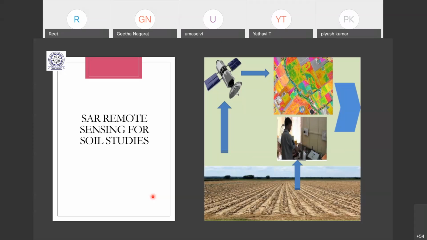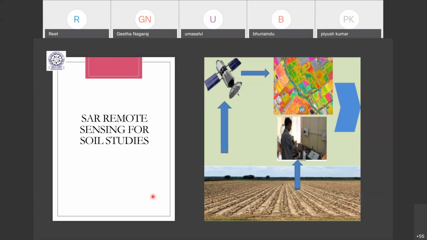Samples from the soil are taken to the laboratories, and they are studied. So we have two major problems with this method. One, the time taken for collecting the soil sample is high.